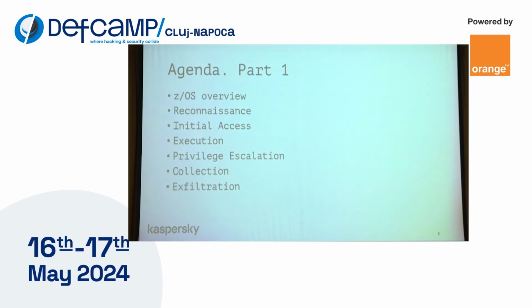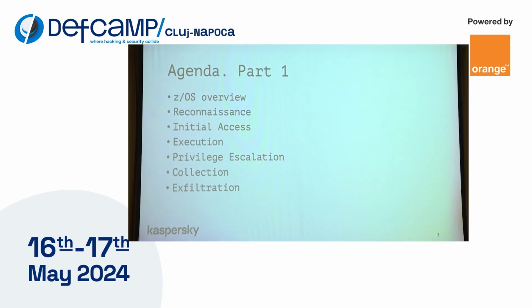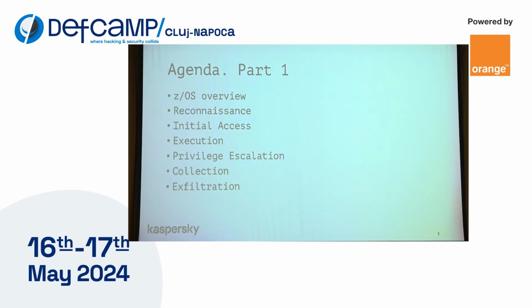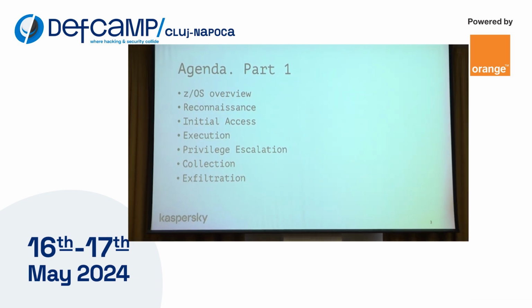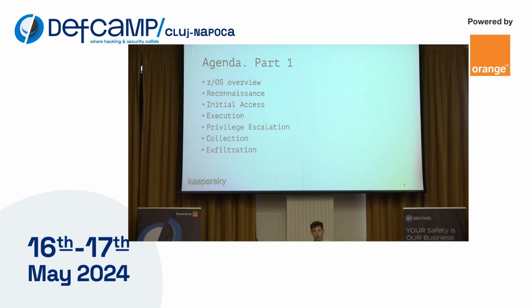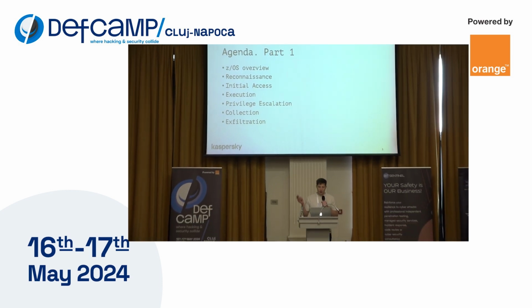I divided my presentation into two parts. The first part is dedicated to the penetration testing workflow for IBM mainframes based on z/OS. I will talk about some interesting features of mainframes and some interesting behavior of well-known services which may help you to compromise a mainframe.